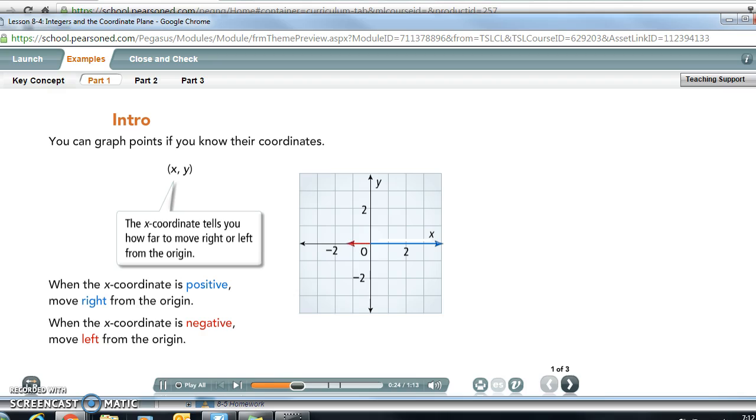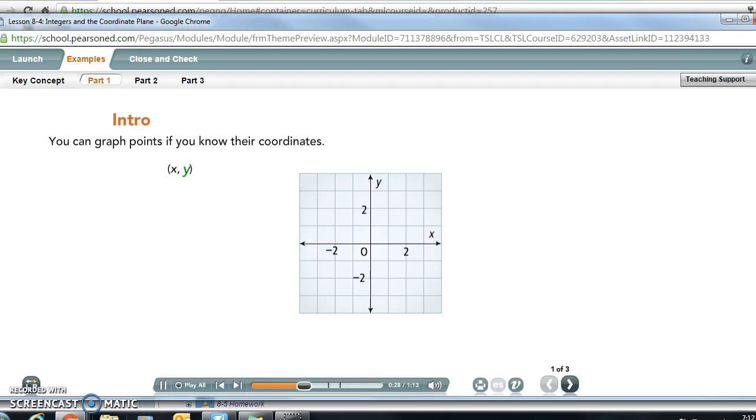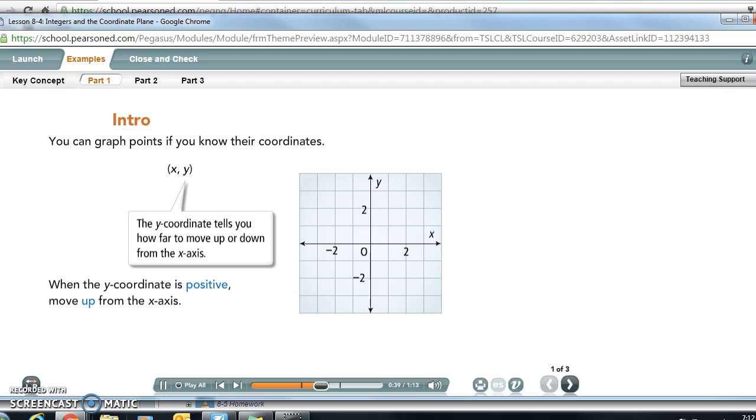When the x-coordinate is negative, move left from the origin. The y-coordinate tells you how far to move up or down from the x-axis. When the y-coordinate is positive, move up from the x-axis. When the y-coordinate is negative, move down from the x-axis.